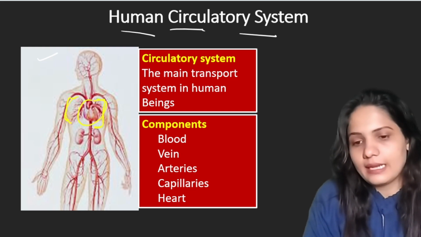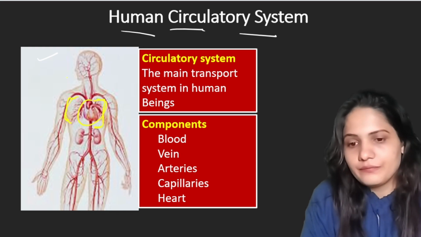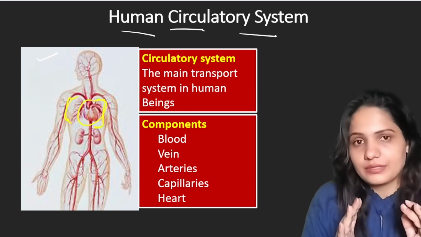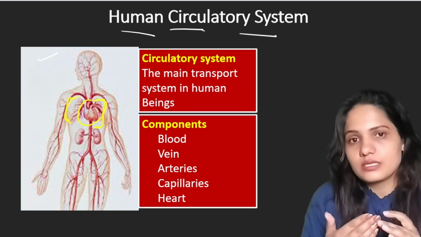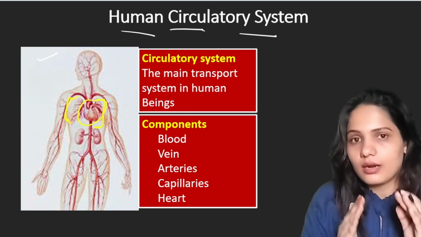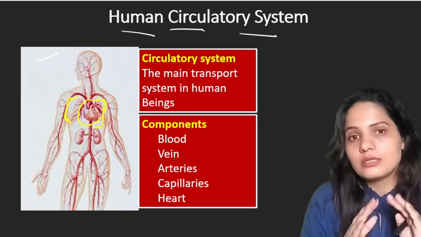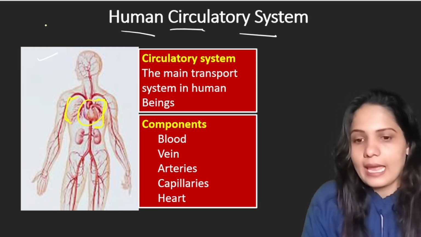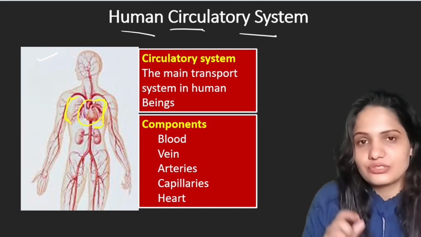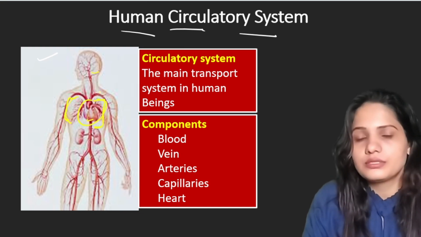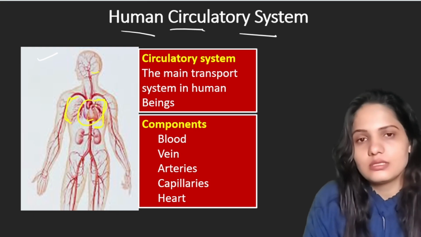In layman language, this is the chest cavity, the chest part. Our heart is located in the center of the chest between the lungs. So this small bag-like structure is the heart. Now what are arteries and veins? This we will discuss in the upcoming slide.